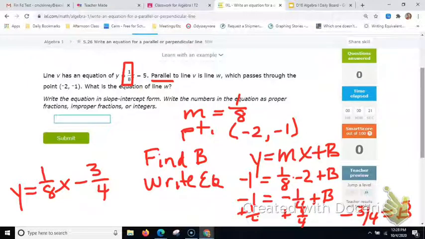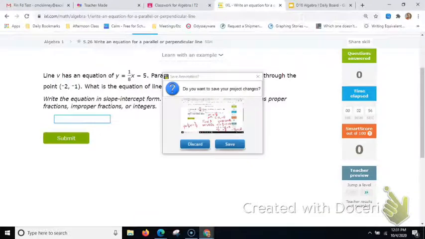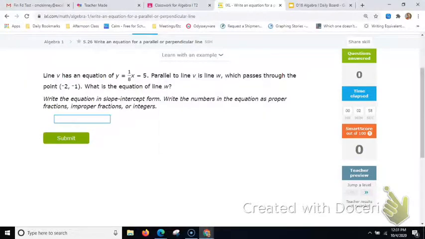We'll try one more of these, but it is not my intention for it to be nearly that cumbersome with the fractions for b. Alright, y is equal to 1/8 x minus 3 over 4.